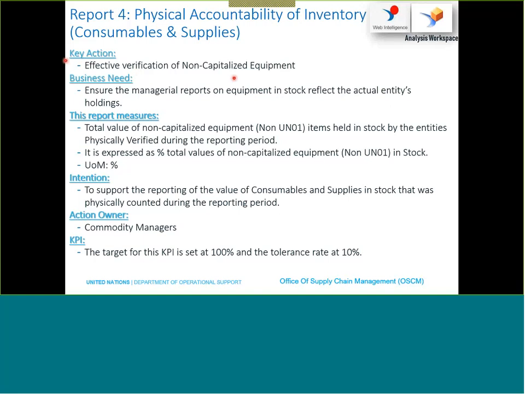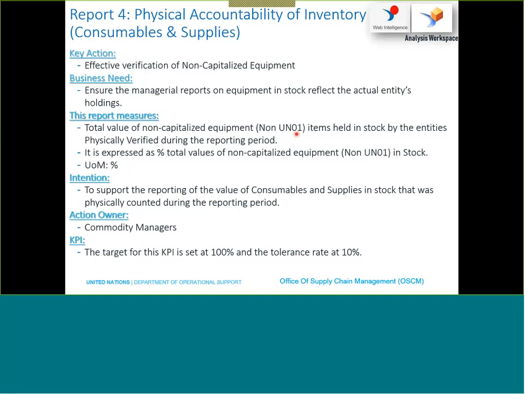Okay, so we have the business need, measures and intention, and KPIs of report 4, physical accountability of inventory, consumables, and supplies. So again, business need: to ensure managerial reports on equipment in stock reflect the actual entity's holdings. This report measures the following: the total value, this time of non-capitalized equipment, non-UN 01.